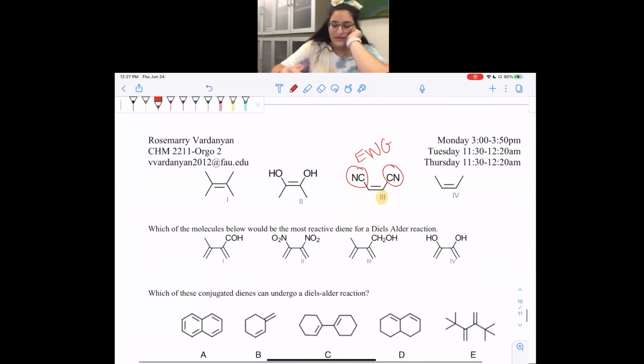Okay, so this next one is asking most reactive diene, right? And so most reactive for the diene is electron donating group. And then someone commented about the OH. So OH has lone pairs.